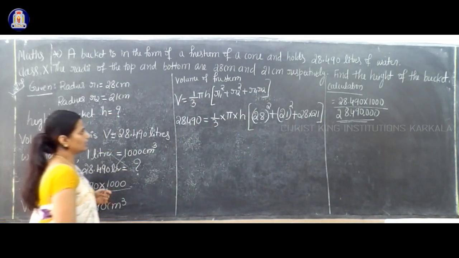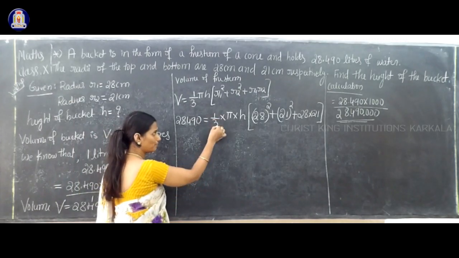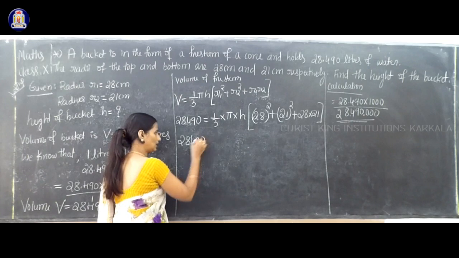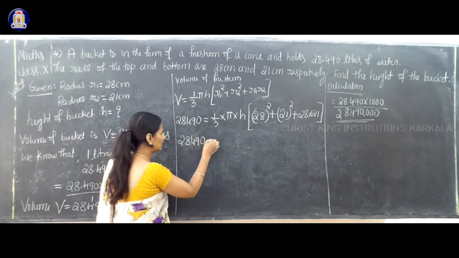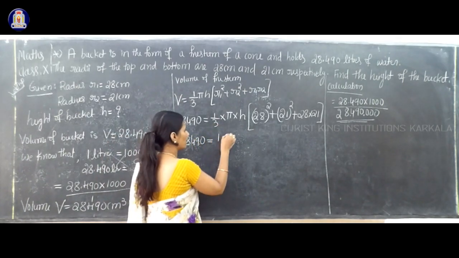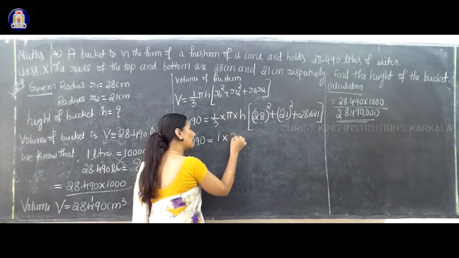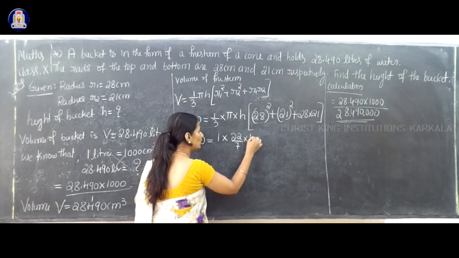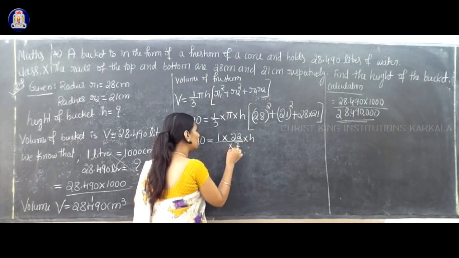Now simplification. The denominator is 3, so 28,490 is equal to pi, which can be replaced as 22 by 7, into h divided by 3. Correct?